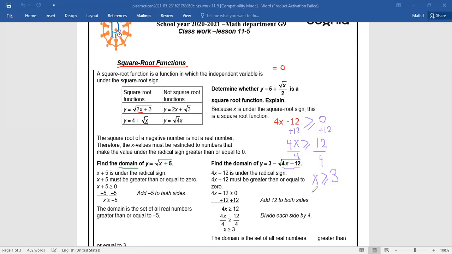Then what is the domain in this question? What do we have to write? All real numbers. Yes, very good. Greater than or equal to 3. Okay? All real numbers greater than or equal to 3.